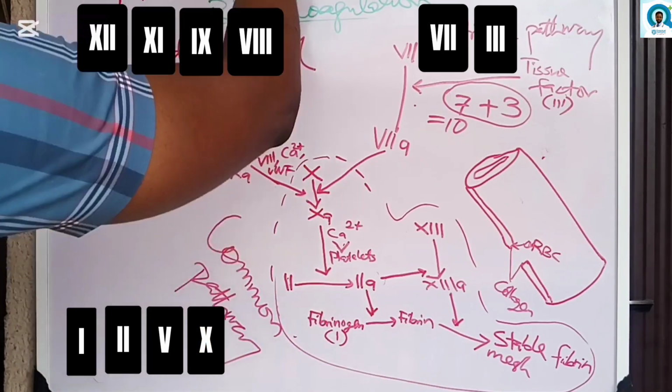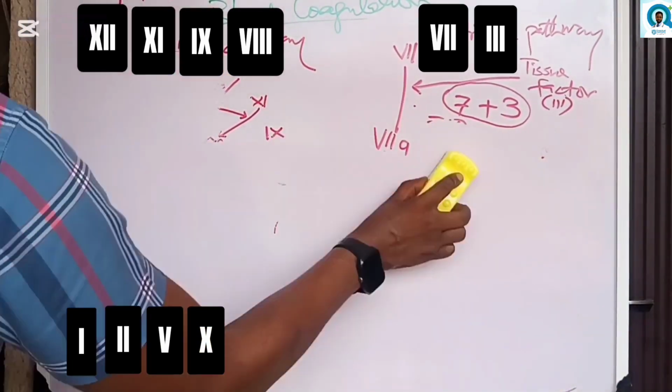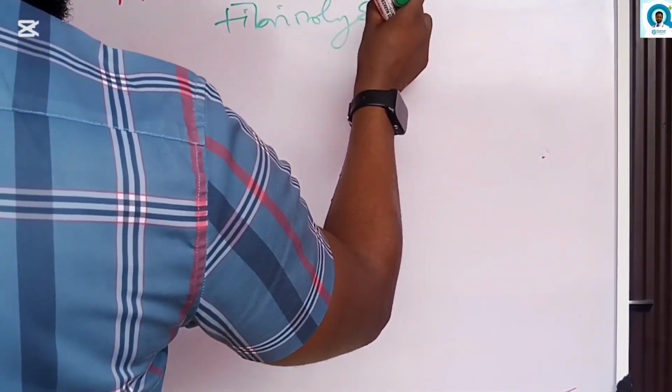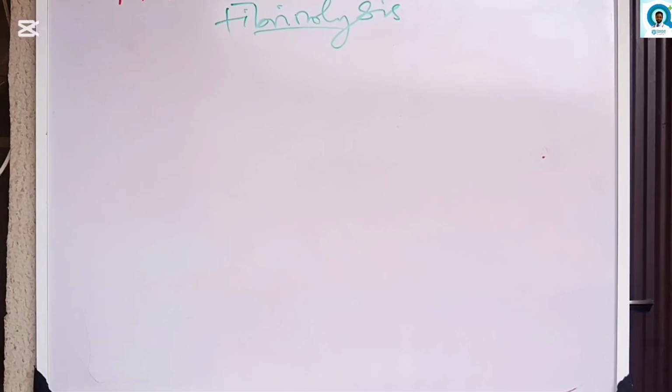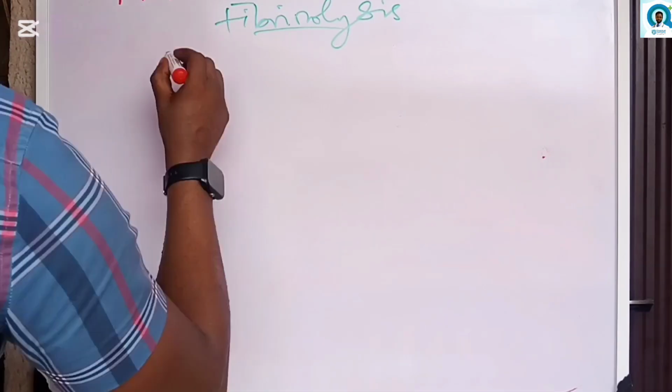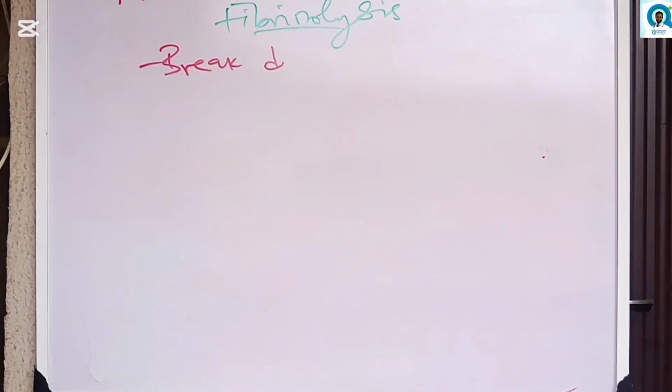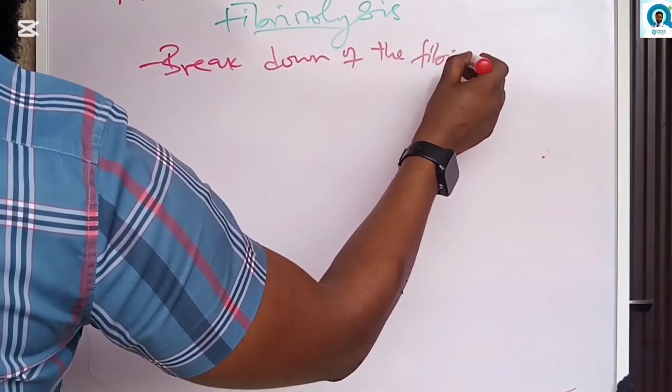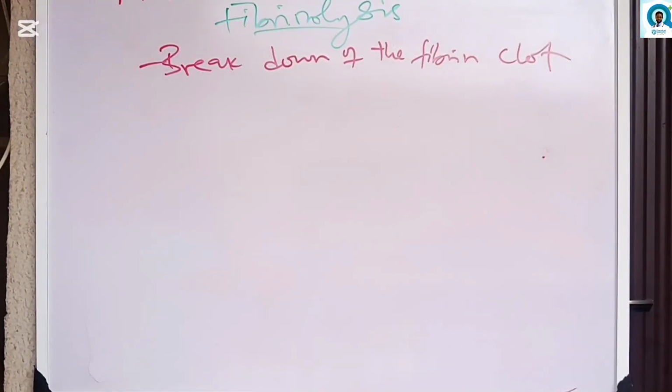The next component of hemostasis is fibrinolysis. This refers to the breakdown of the fibrin clot, which allows restoration of blood flow during the healing process following injury or surgery.